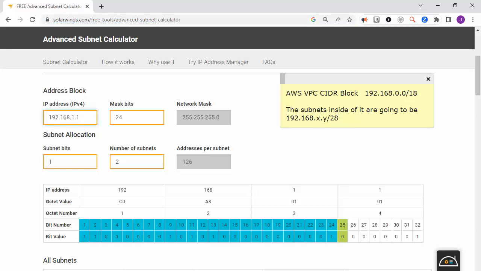What I'm going to do here is enter this IP address, 192.168, and then 0 and another 0. The number of bits that are going to be part of my mask is this 18 that we have here, so I change this to 18.